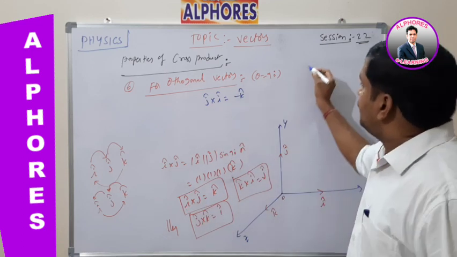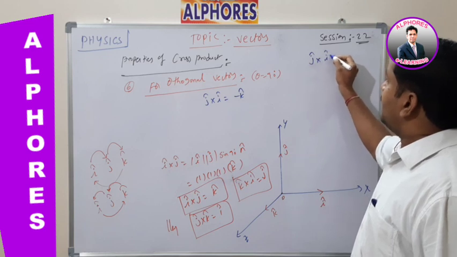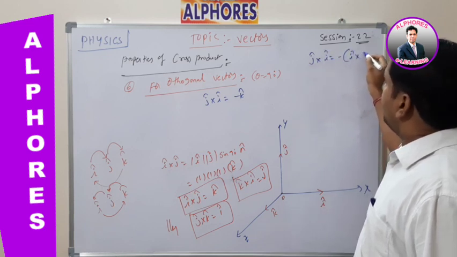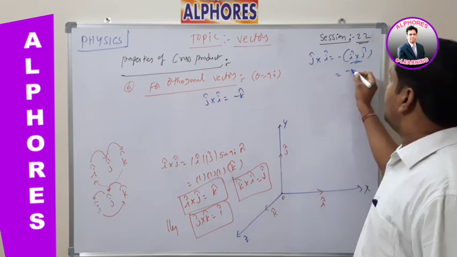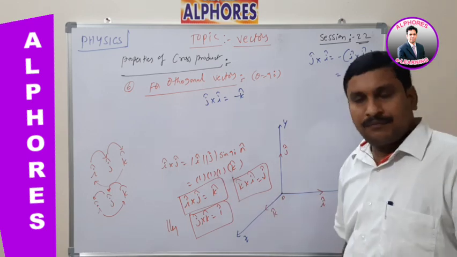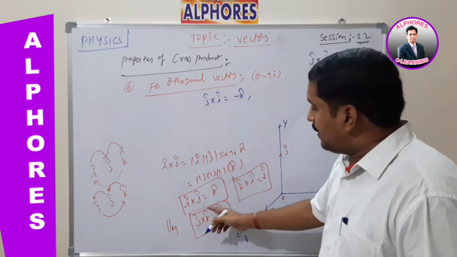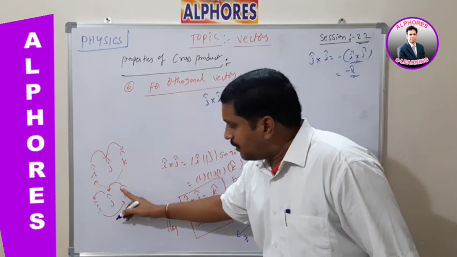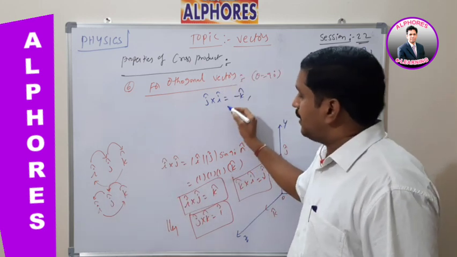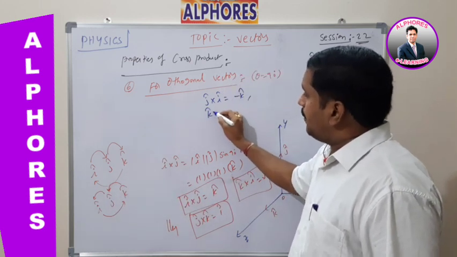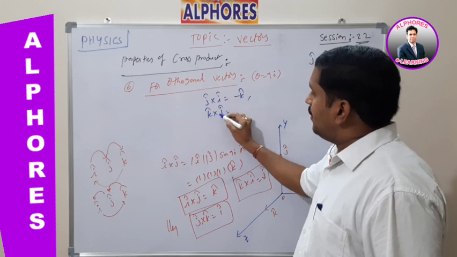So j cap cross i cap is equal to minus of i cap cross j cap. So i cap cross j cap is how much here? k cap. That means here it is minus k cap. Now in a similar way, what is the next one here? Suppose I am taking from the z-axis to the y-axis in the anti-clockwise sense, let us say k cap cross j cap, which is equal to how much?